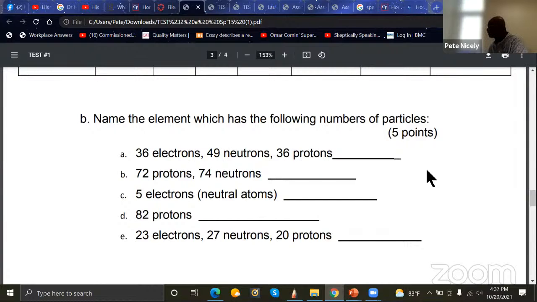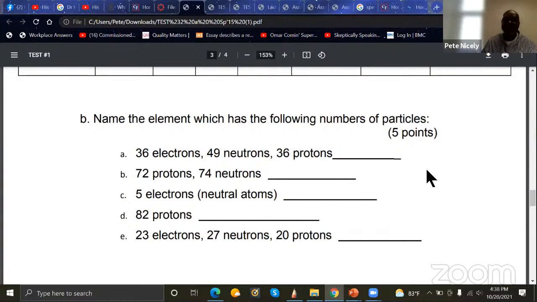Okay, 36 would be the atomic number, yeah. So therefore, which element has the atomic number 36? Krypton, very good. All right. So of course, you'd have to consult the periodic table in order to get that information.